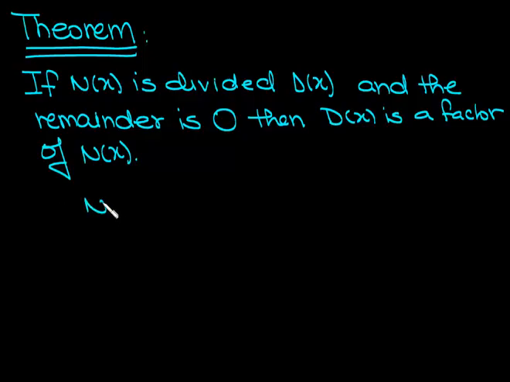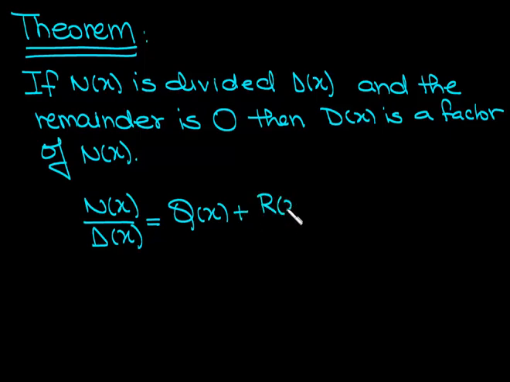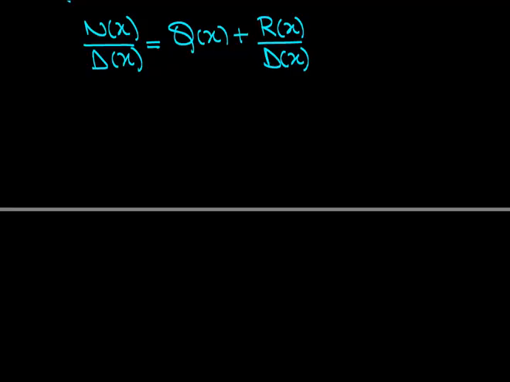So let's say if I take n of x and divide it by d of x, I usually get q of x plus some remainder r of x divided by d of x. That's what we end up with. But let's say now that r, the remainder, is 0. Then what happens?